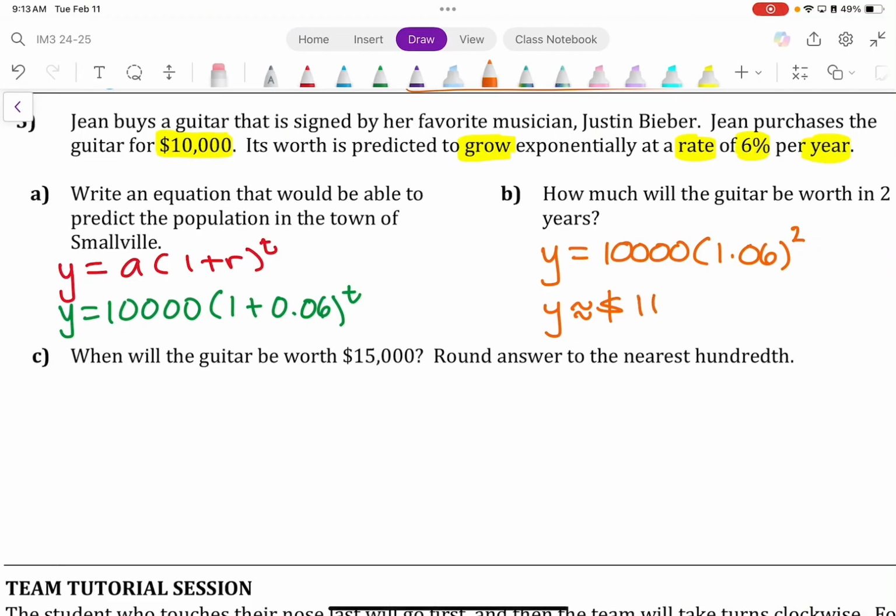Okay, this one you don't have to round. We get $11,236. So after 2 years, the guitar went from 10 grand to $11,236.